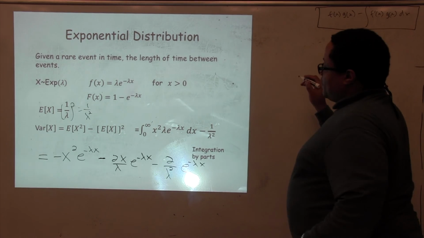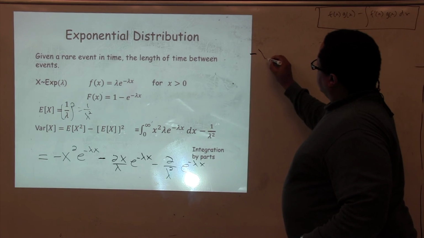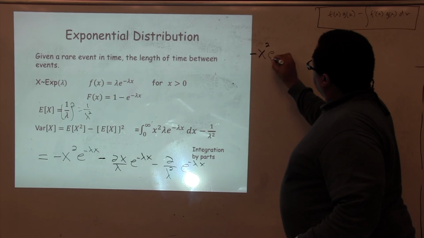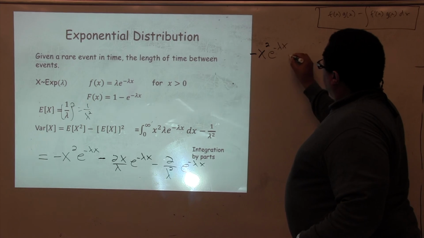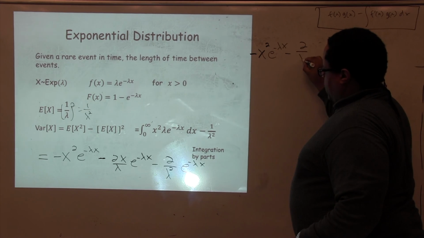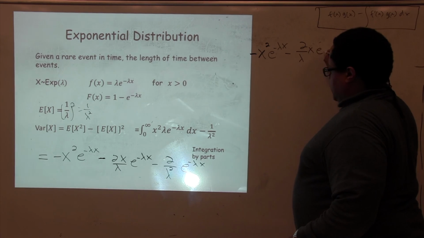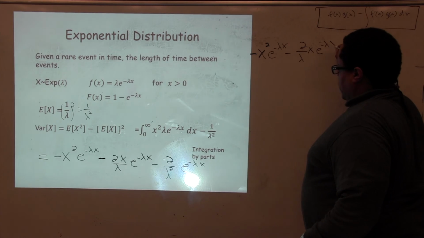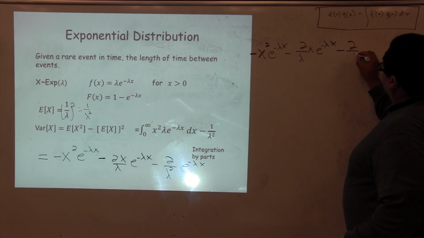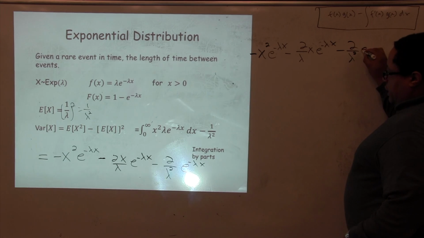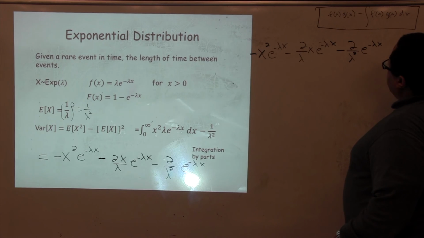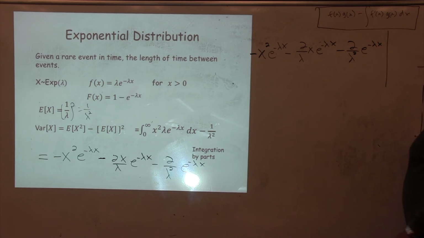So we have this expression, minus x squared e to the minus lambda x minus 2 over lambda x e to the minus lambda x minus 2 upon lambda squared e to the minus lambda x. I'm going to evaluate it substituting x equals infinity, and from that I'm going to subtract the same expression evaluated at x equals 0.